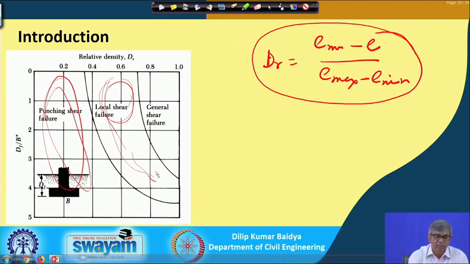If the soil falls in this zone, then that soil will have local shear, and if the relative density is more than 70% and Df by B varies within this range, then all the soil will undergo general shear failure.